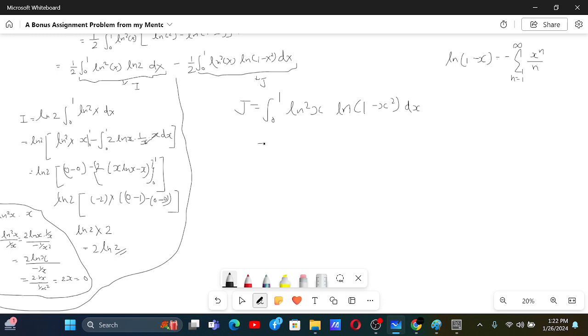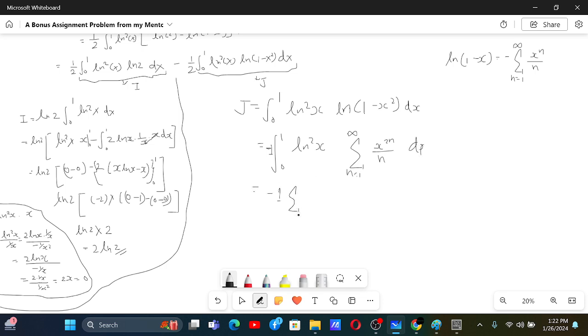Similarly, for 1 minus x square we will have a similar series expansion, times ln square x. Then we have the sum from n equals 1 to infinity, with a negative sign, of x to the power 2n by n dx. Now we can interchange the sum and integral.